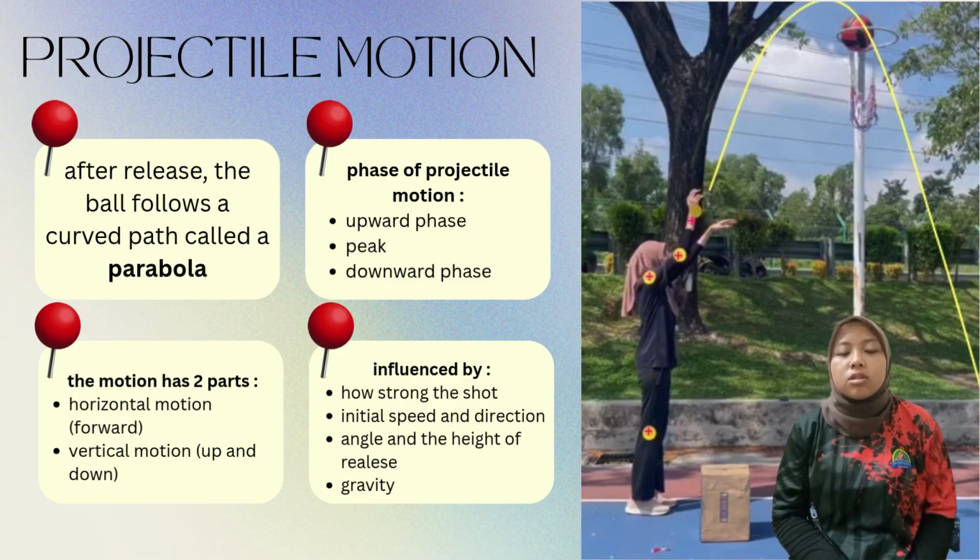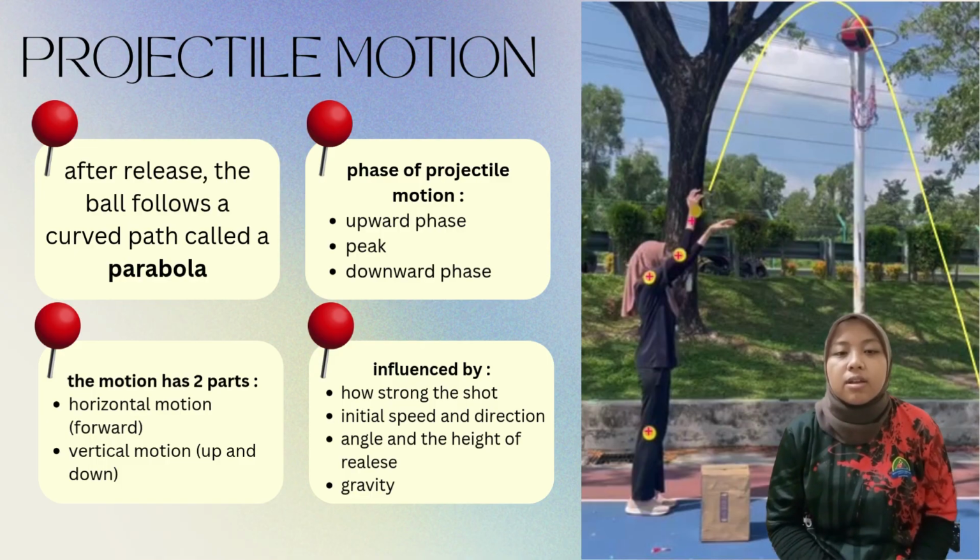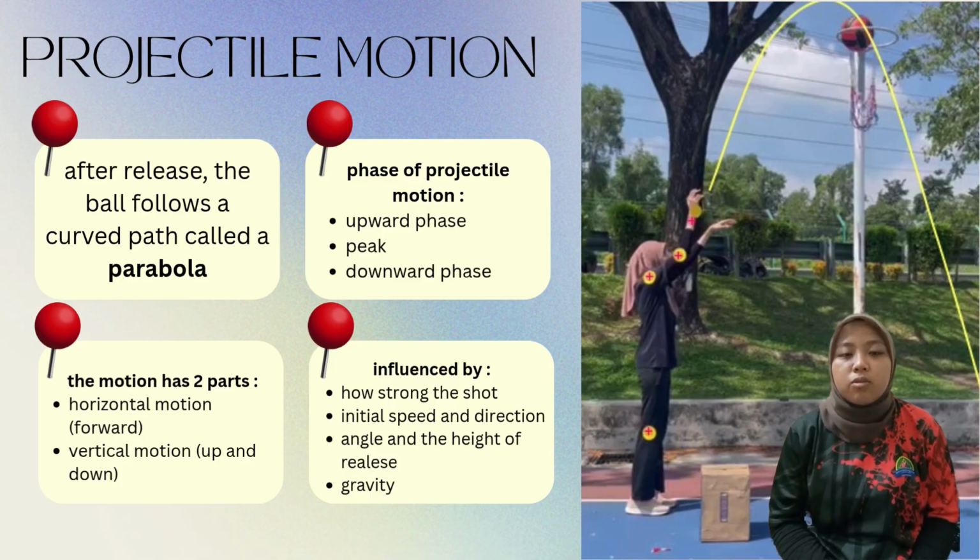Projectile motion consists of two independent motions happening at the same time. First is horizontal motion. The ball moves forward at constant speed. There is no force stopping it if we ignore air resistance. Second is vertical motion.